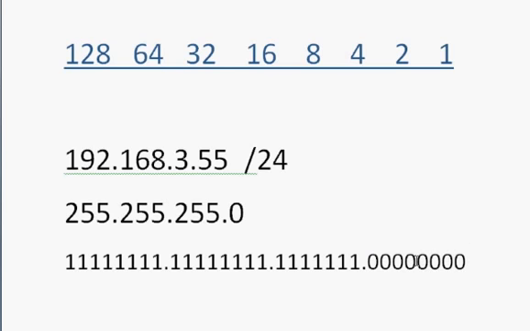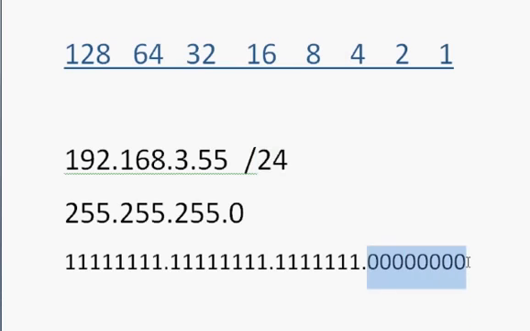So 255.255.255.0 in binary is ones, ones, ones, and then zeros. If you were to count up all these ones, there are 24 ones. So there's where the /24 comes in: 24 ones and 8 zeros.